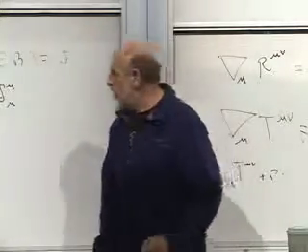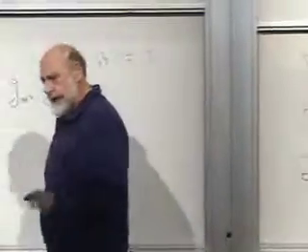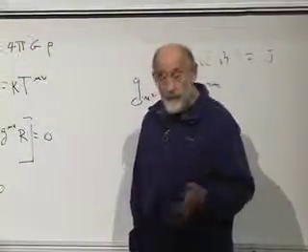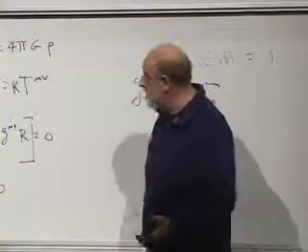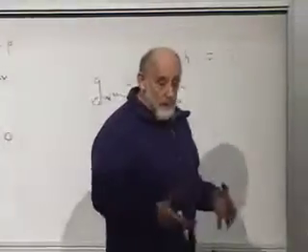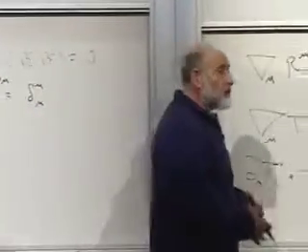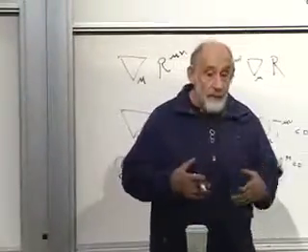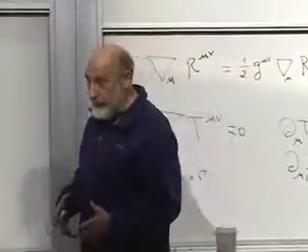Okay, so the answer is in 3-dimensional space, or even 3-dimensional space-time, if there was such a thing, the Ricci tensor would be a full description, and if the Ricci tensor was 0, the space is really flat. Okay?